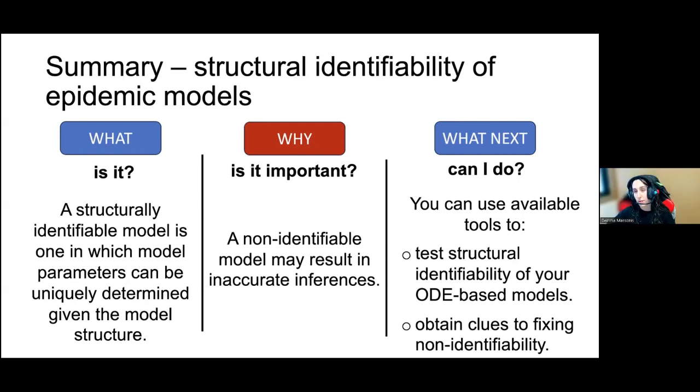Yes, so the basis of structural observability assumes that you have infinite time points and that they are noise-free. So structural identifiability does not depend on whether you are trying to predict or calibrate your model with the first beginning steps of a pandemic, for example, versus past the peak.